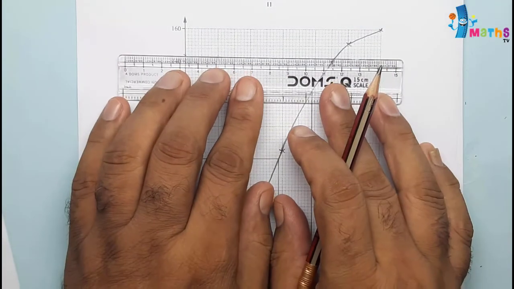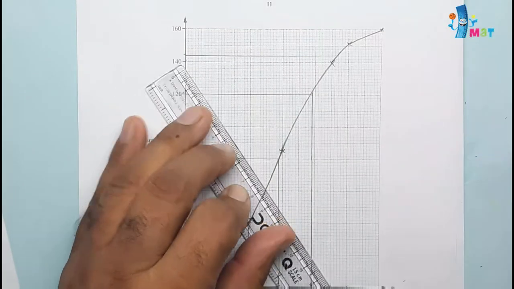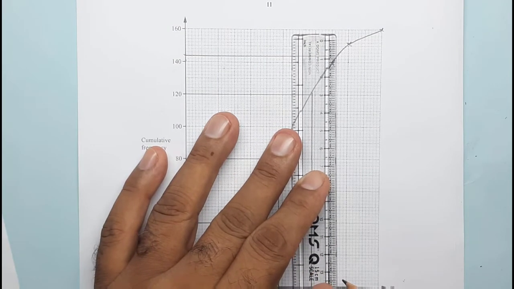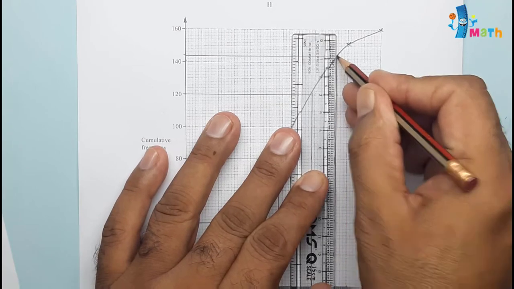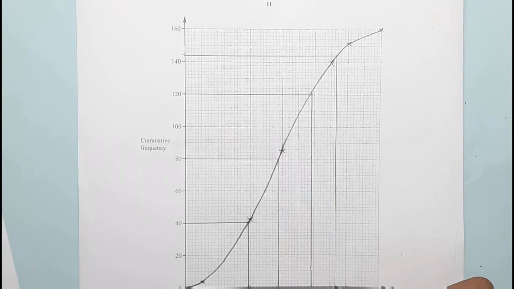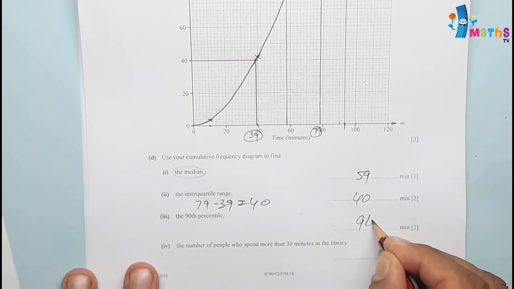So we can draw this line carefully, and on this side also we have to draw a line, this one. So this is up to this point, this is 80, this is 90, so this can be around 94, so we can write here 94.